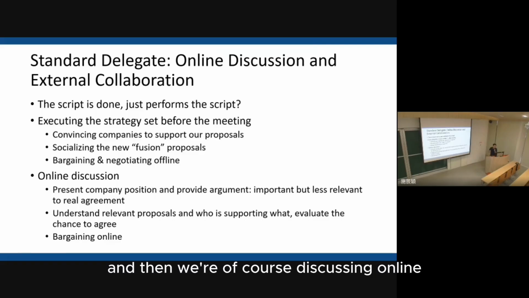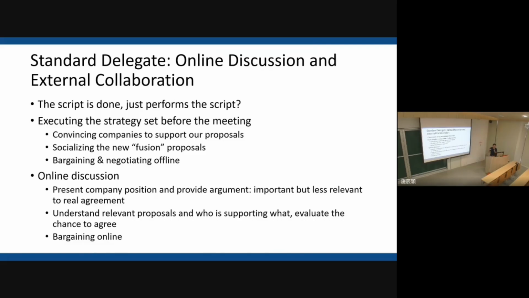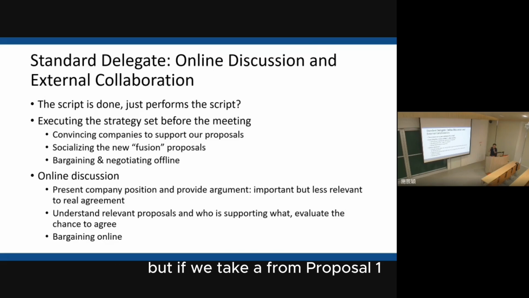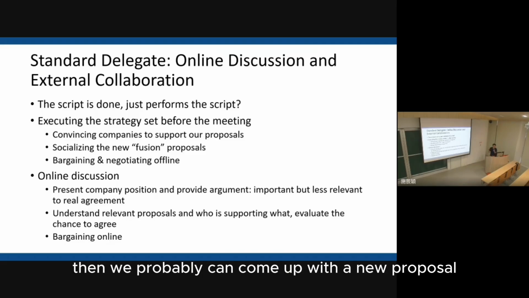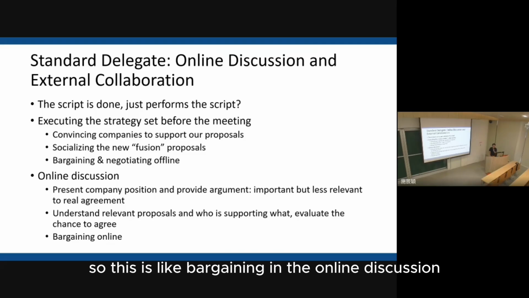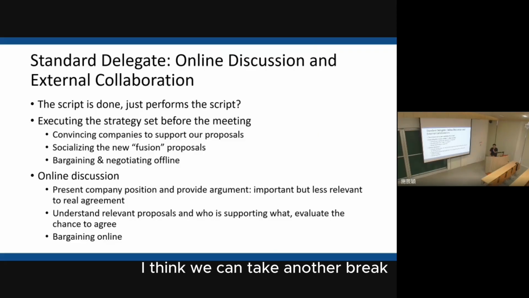And then we're, of course, discussing online under the guidance of the chair. Probably the chair will come with, oh, these two proposals, although they are different, if we take A from proposal 1 and B from proposal 2, then we can probably come up with a new proposal. Is it acceptable to anyone? Something like this can happen. So this is like bargaining in the online discussion. Okay. So I think we can take another break and come back in 10 minutes.